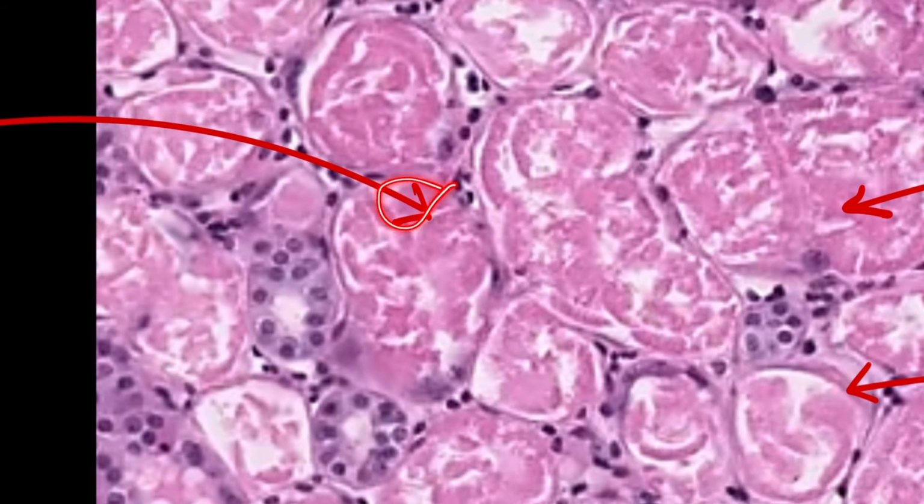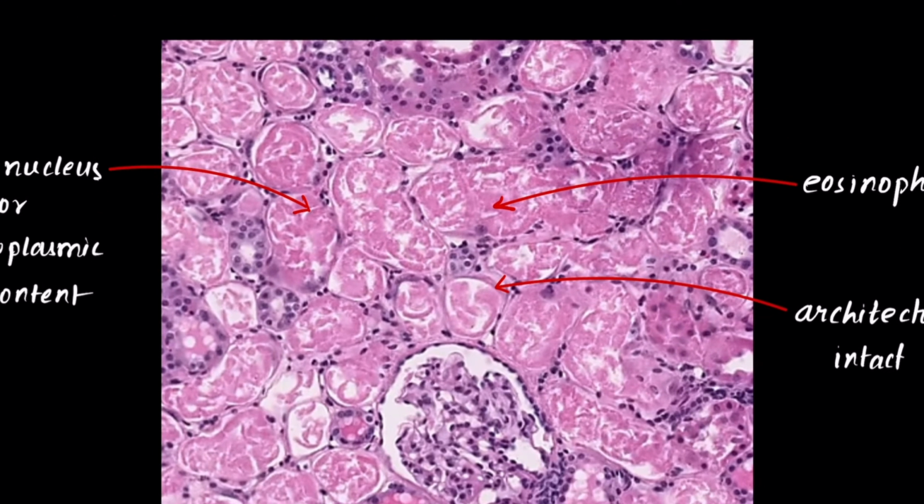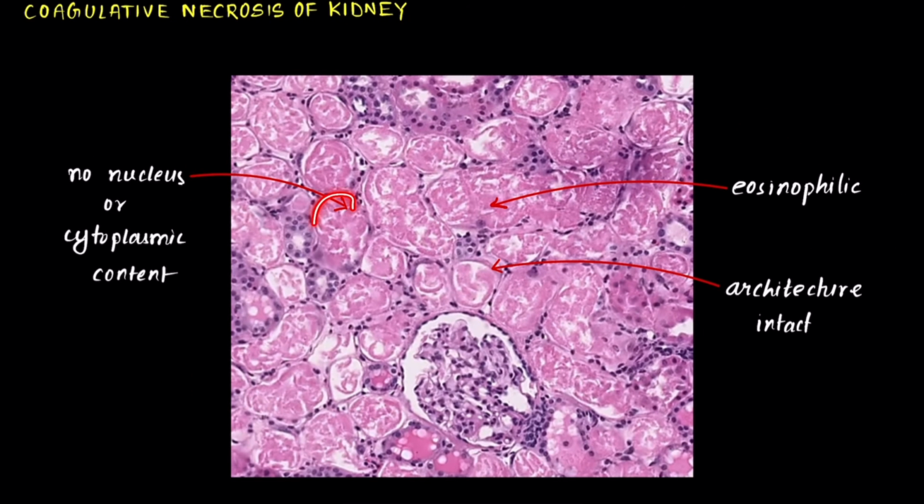However, the outer architectural outline is still intact, but the nucleus and the cytoplasmic content are gone. So it gives off a tombstone like appearance. Like a tombstone, there's your outer outline and then inside it's completely bland. Similarly, here there's your outer architecture which is still intact, but the inner stuff is gone. So it becomes completely eosinophilic.